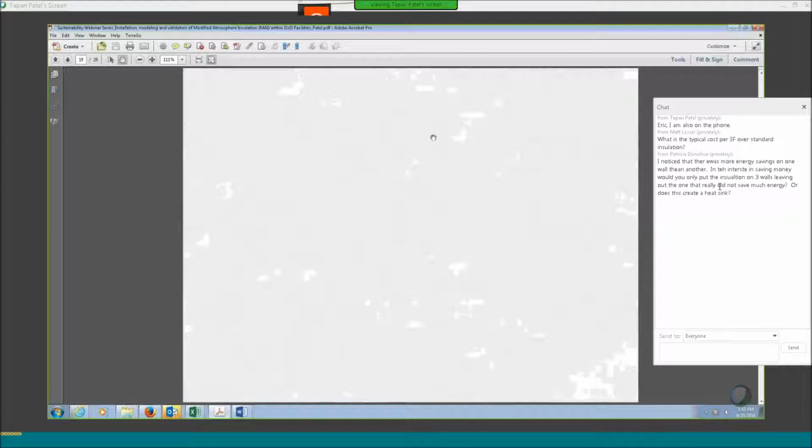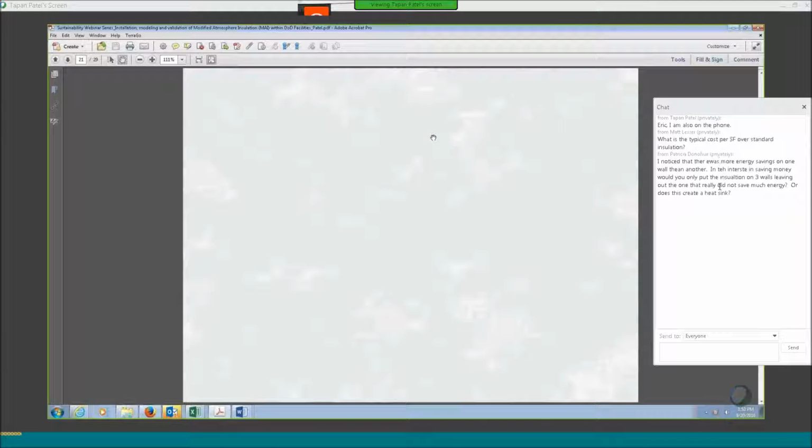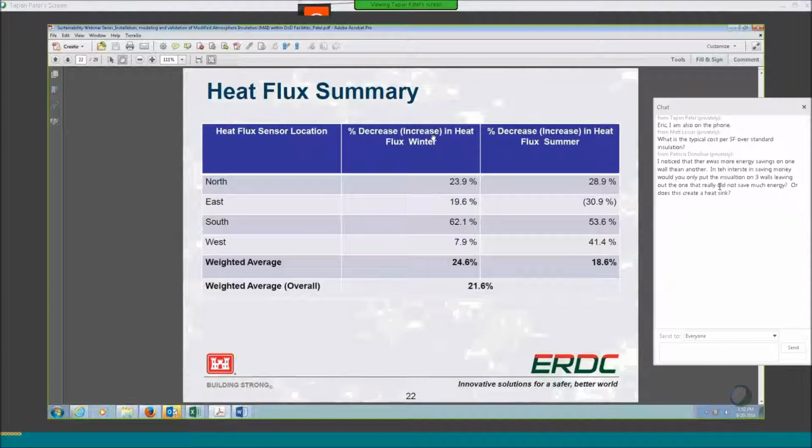I think this is the reason. Let me pull up that slide here real quick. I think the reason we saw this kind of variation is really just a function of the building layout. The supply ducts for the HVAC system are not exactly in the center of the building. They're located in different areas.